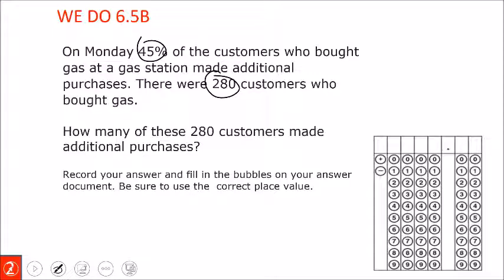Sometimes you can't underline the question because you have the side paper. I understand that. We are doing our best. So at least you want to write out what you want. So maybe you can write how many of these customers made additional purchases, something where you understand what needs to be done.